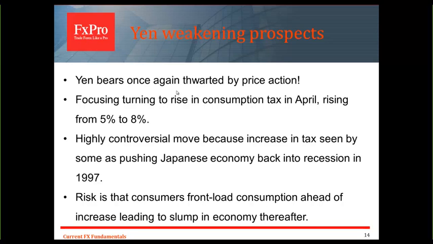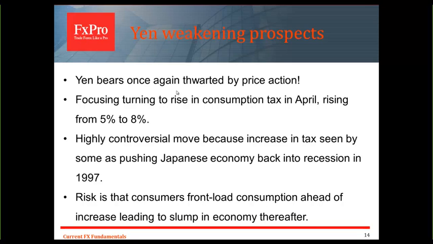Focus now is on the consumption tax hike, which comes in April. Consumption taxes are rising from 5 to 8%. It's a very controversial move because it does add to inflation, but only temporarily. It will feed through into inflation over the coming year, but then the change will fall out in April 2015. That's what's called a base effect.